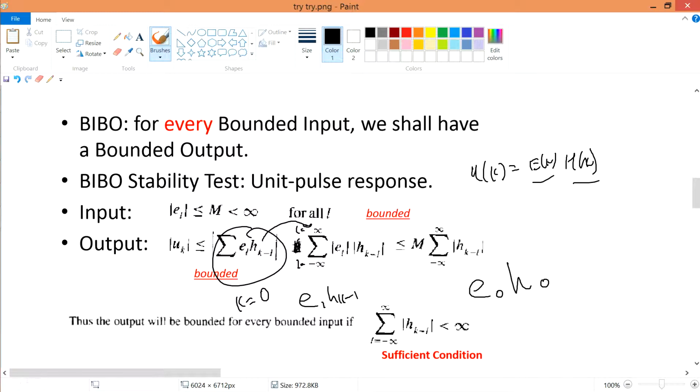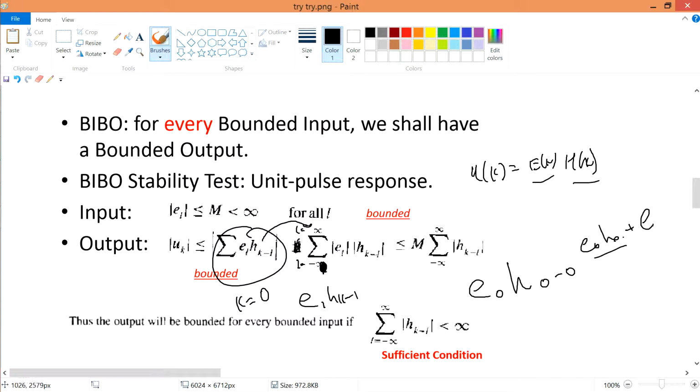So 0 minus 0 gives E naught H naught, and that's all. You can go on, but there's no meaning in there. This is the K, right, this K is over here, so let's continue.